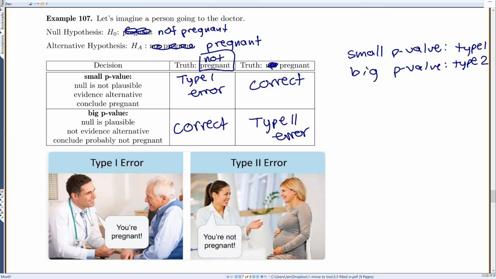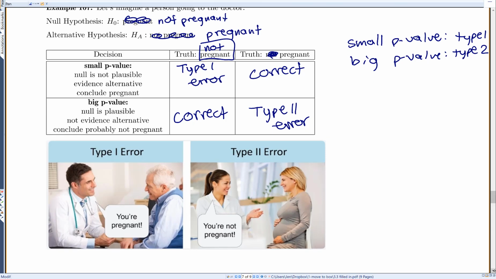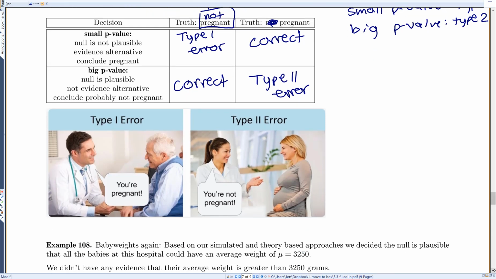Okay, so here's a little picture to help you remember this forever, hopefully. Type 1 error is you're actually not pregnant, but you decide you're pregnant. I know these are so easy to think yourselves in circles.